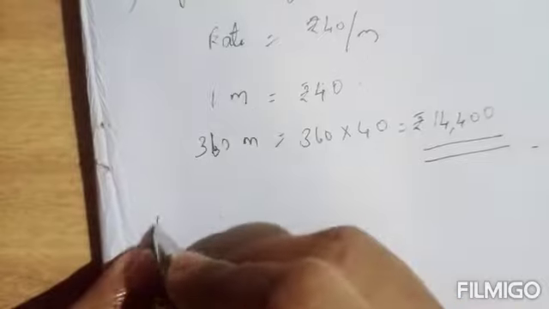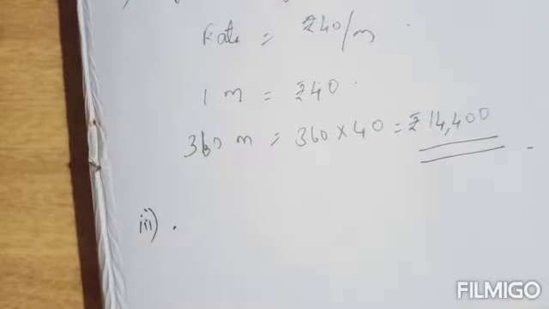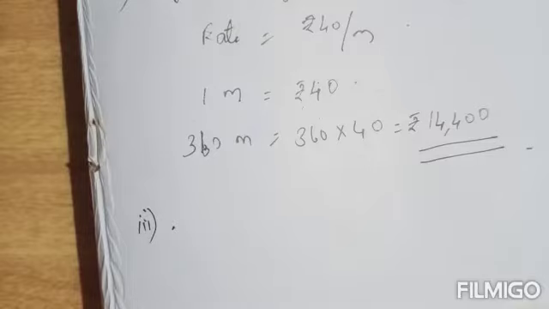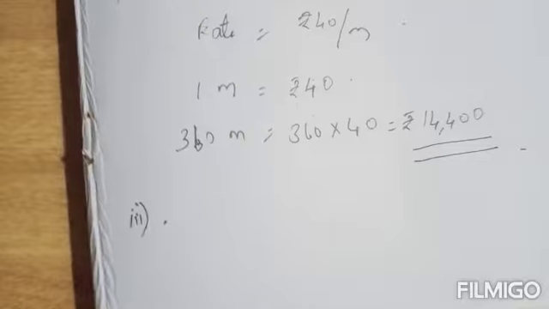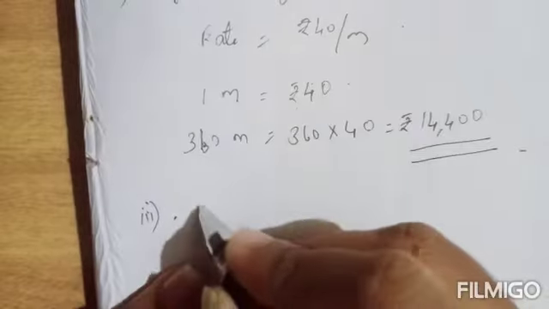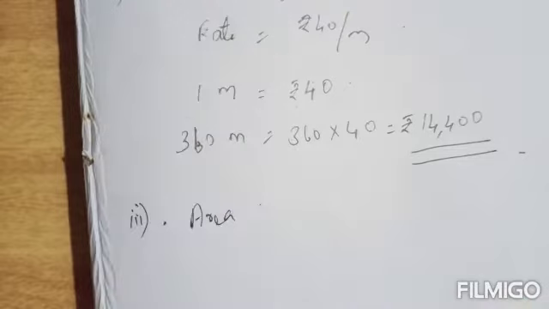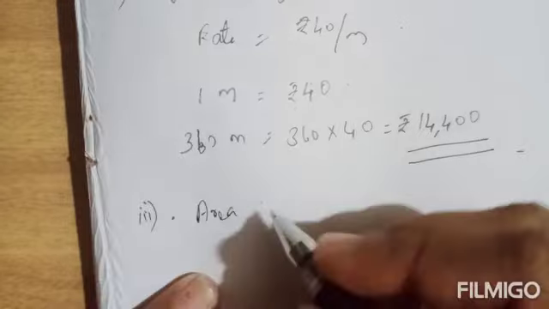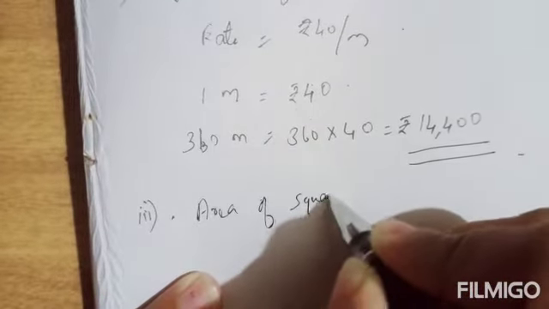Now the third question: the cost of leveling the plot at rupees 60 per square meter. Leveling means plowing. We have to find the cost of leveling the plot. So in order to find the cost of leveling, we need the area of the square plot, which we already found.